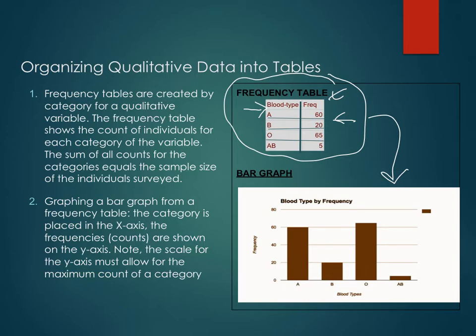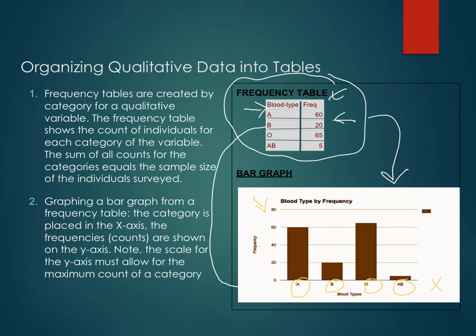You will notice that our categories will show up in the X-axis. We have, for example, A, B, O, and AB on the X-axis. And then our frequencies are shown on the Y-axis there.